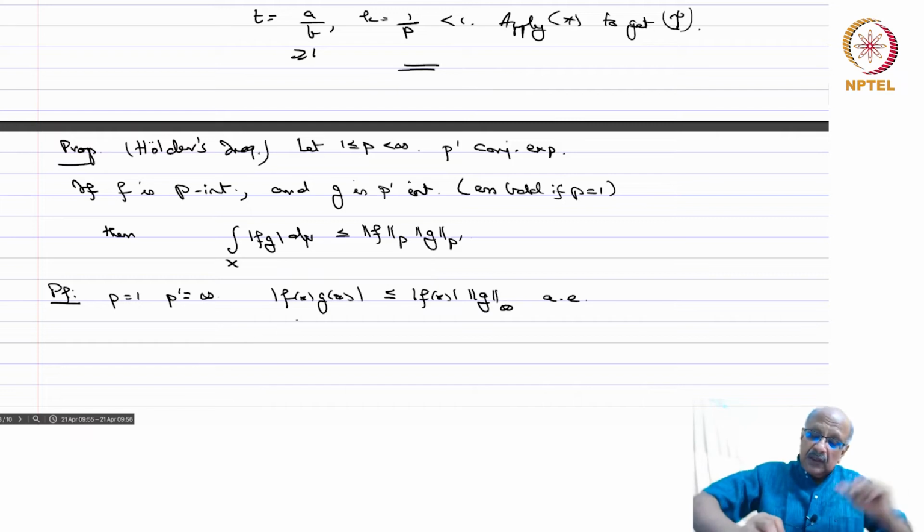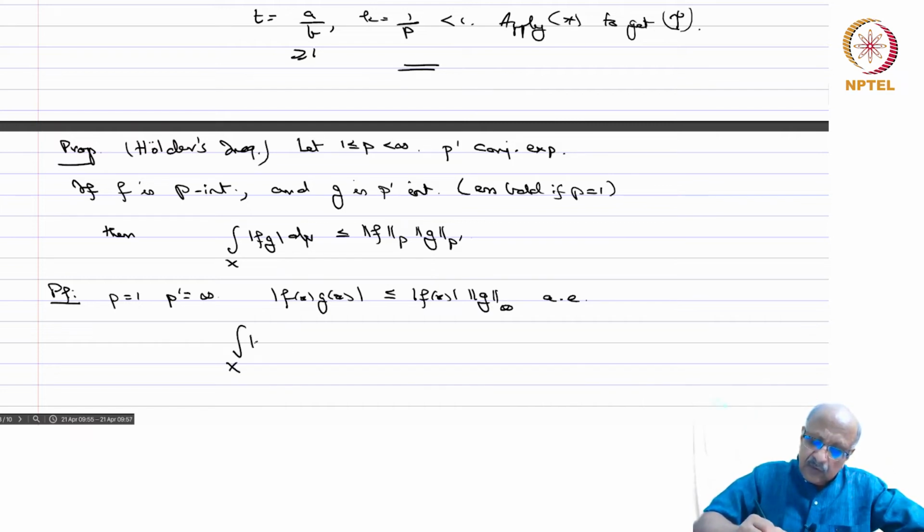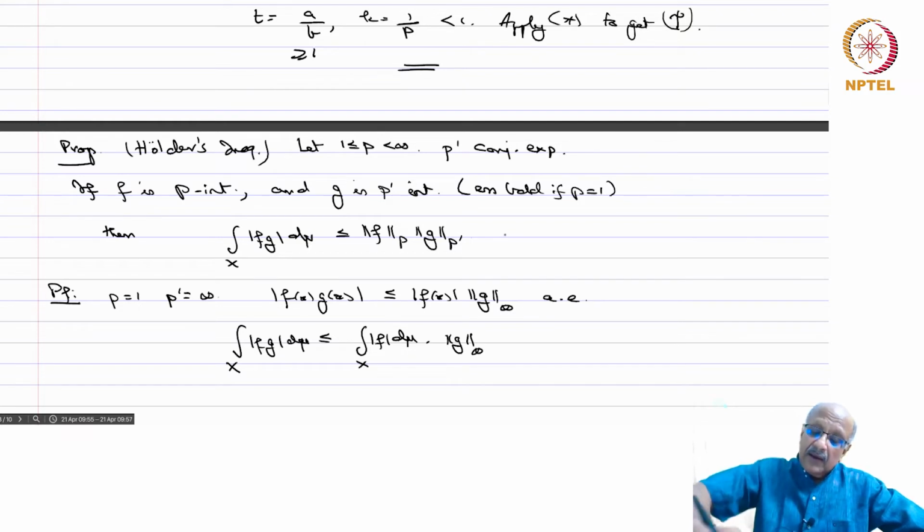That's what we have seen, and this is true. So now if you integrate, the integral over X of |fg| dμ is less than or equal to the integral of |f| dμ times ‖g‖_∞, and that is exactly double star, because this is equal to ‖f‖_1.